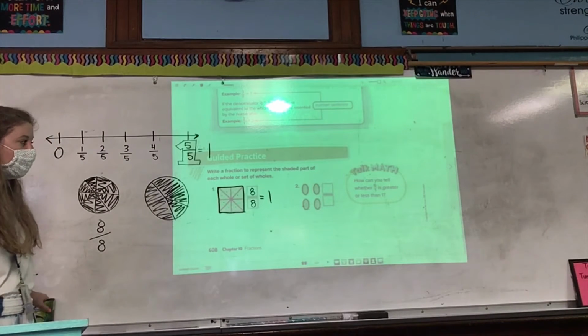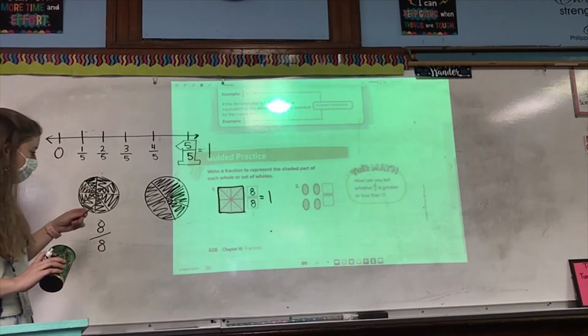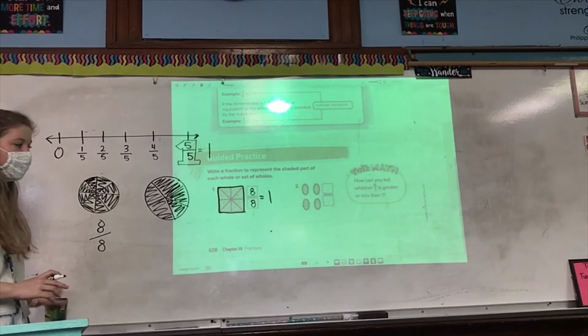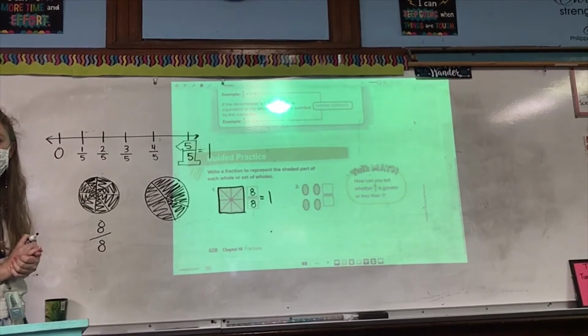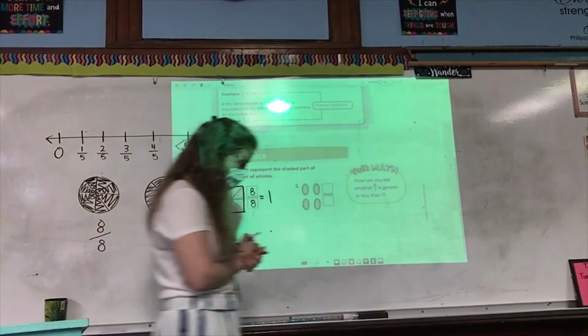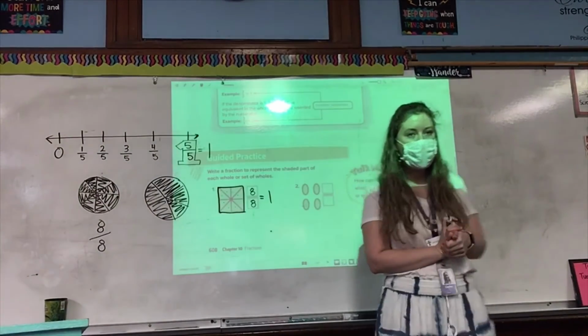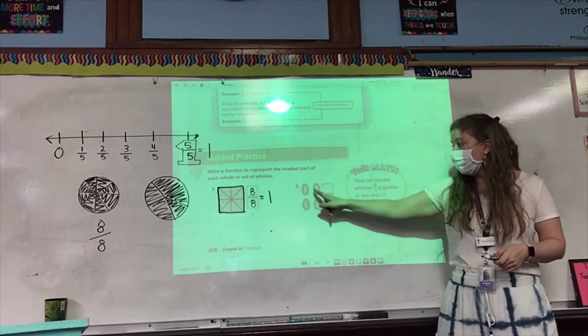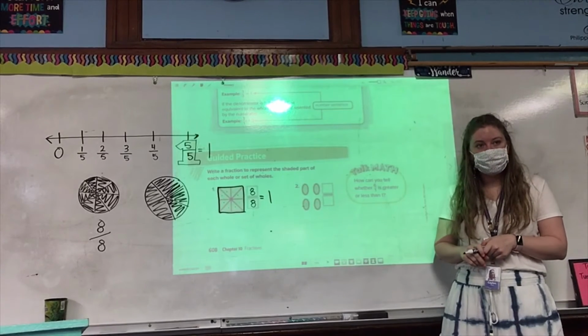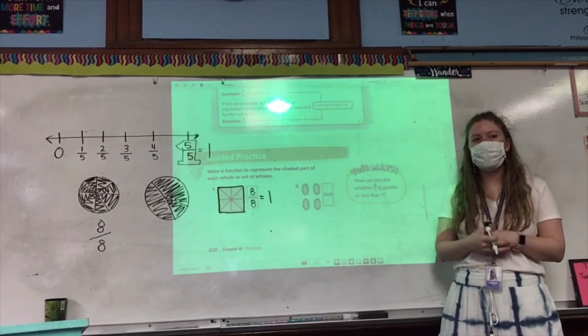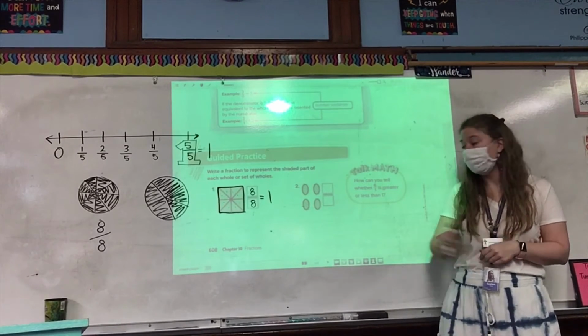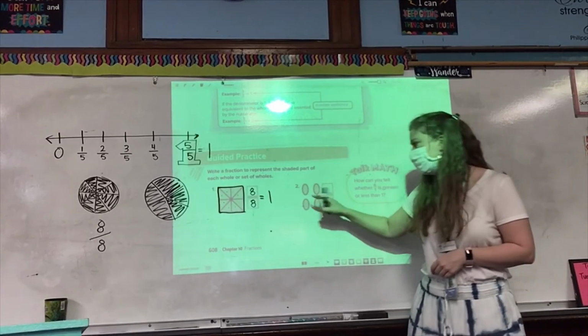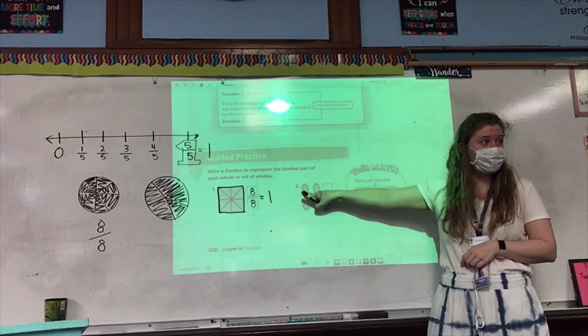Now, let's look at number 2. Smith, how many separate ovals do we have? 4. Are any of them broken up? No. So each of these ovals is broken into how many pieces? 1 piece. Because look, it's not 0, because we still have some.